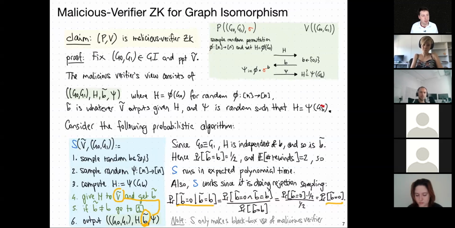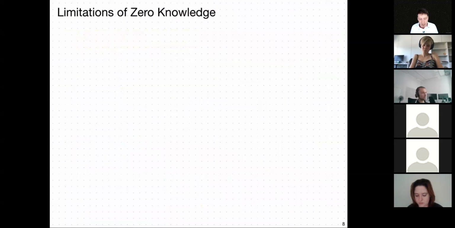Because of both of these reasons, honest verifier zero-knowledge plays an important role throughout cryptography and complexity theory. All right. So we've seen one example and proved both properties about it, honest verifier and malicious verifier. But it turns out that for interactive proofs, there aren't many good news about zero knowledge.